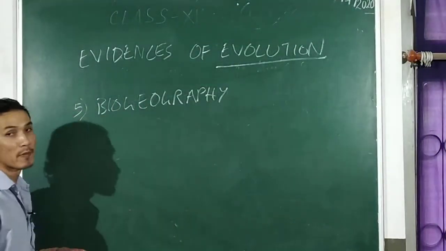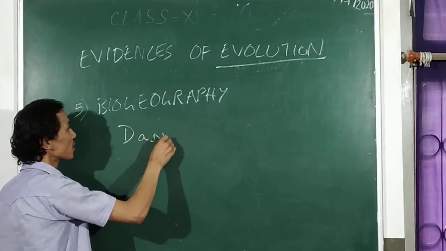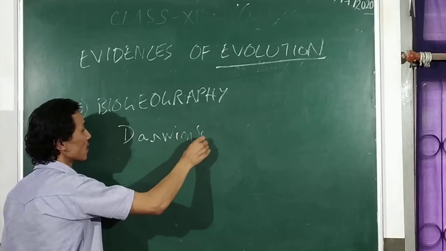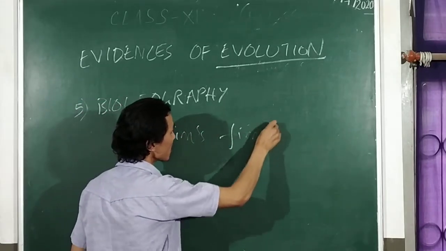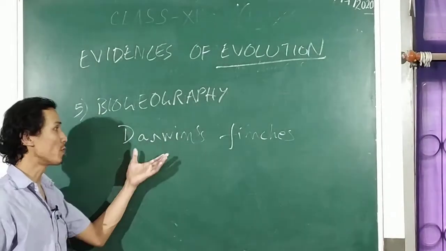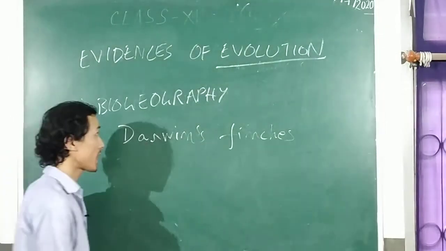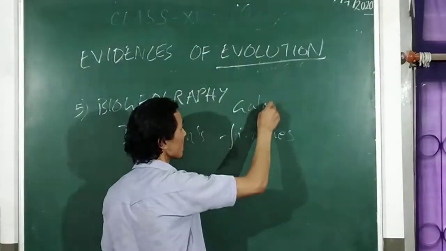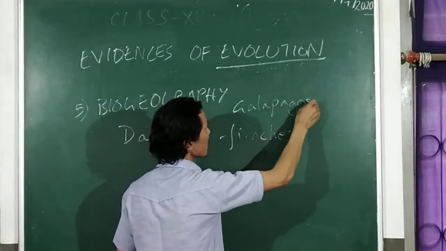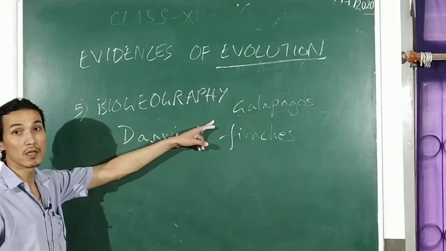Now, when we talk about biogeography, there's a famous example given by Darwin called Darwin's finches. Darwin's finches are nothing but a group of small birds found in the islands of Galapagos. Galapagos Islands are present near the Pacific Ocean.